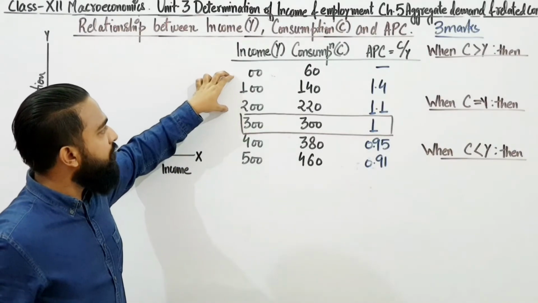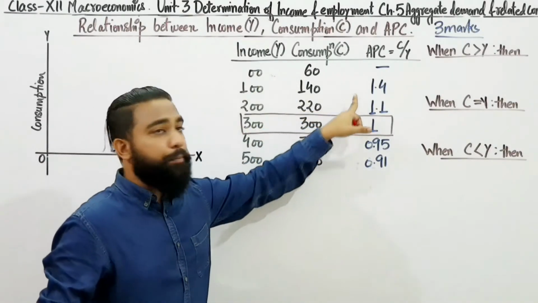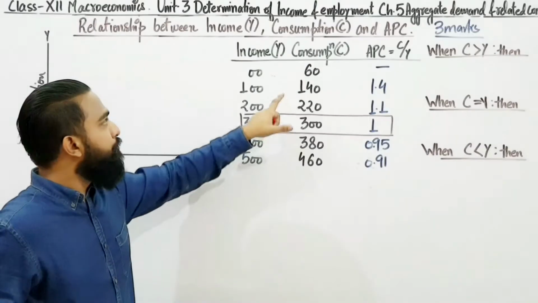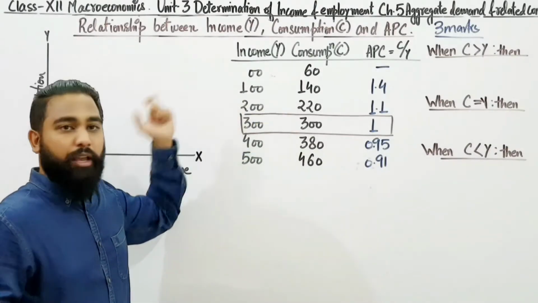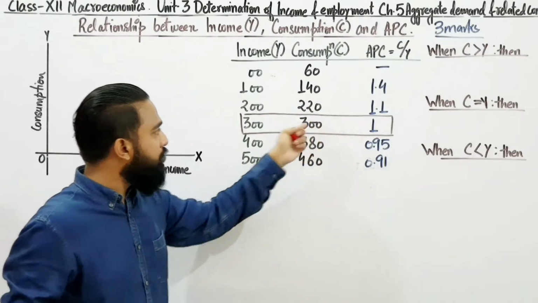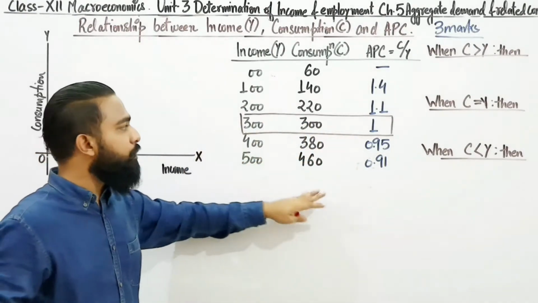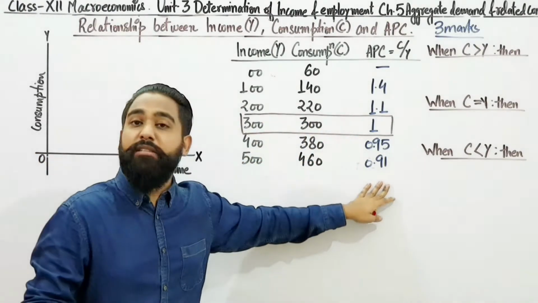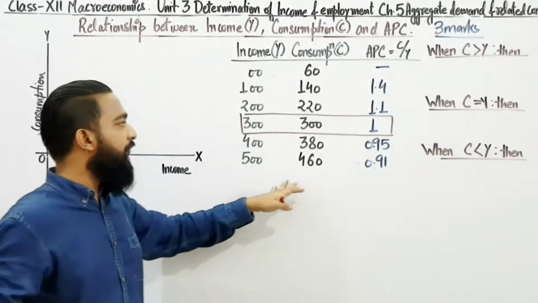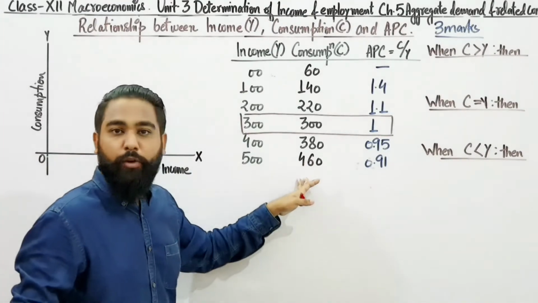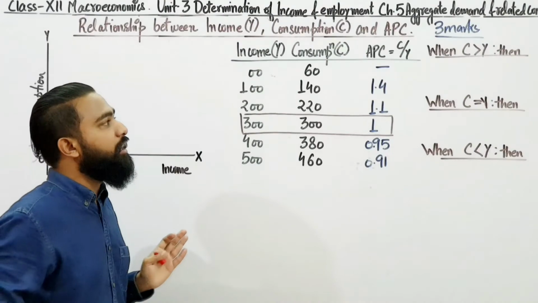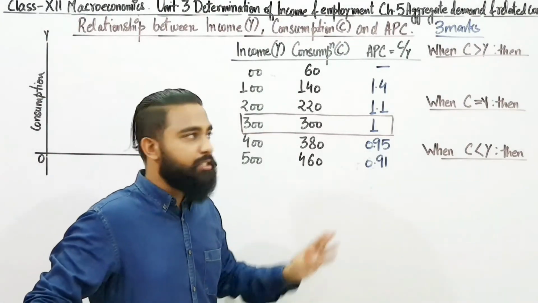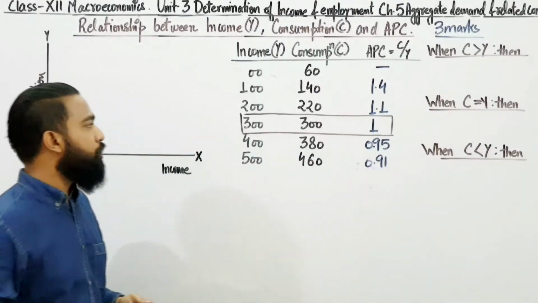On the above portion, the value of APC is more than 1. Why? Because consumption is more than income. And below the 300 level of income, the value of APC is below 1. Why? Because the consumption's value is less than the value of income. So there are 3 establishments which you can show.